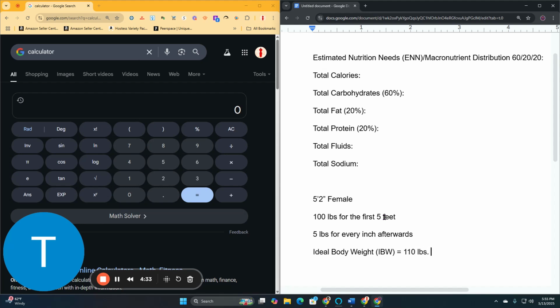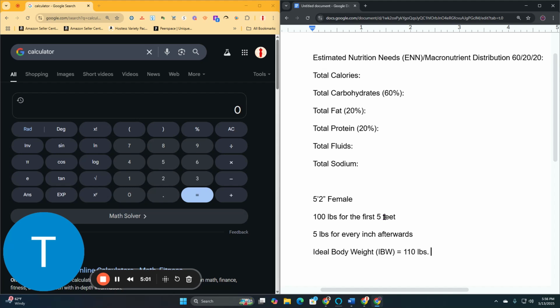Now, I have more to say about ideal body weight, which I'll probably talk about in future videos, but besides these calculations, I don't really focus too much on ideal body weight or encourage clients to reach their ideal body weight, because it doesn't take into consideration a person's ethnicity and a few other things as well. But we'll talk about that at another time.